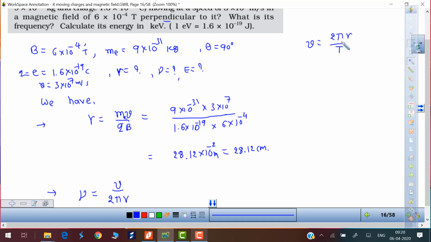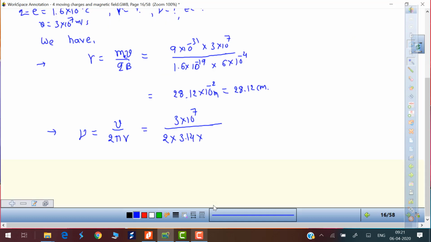Velocity is equal to 2 pi r upon t. So 1 upon t is frequency. So 3 into 10 raised to 7 divided by 2 into 3.14 into radius you already calculated. So we put the value 28.12. Remember, it must be in meter, so it is 10 raised to minus 2. Again you do the calculation.